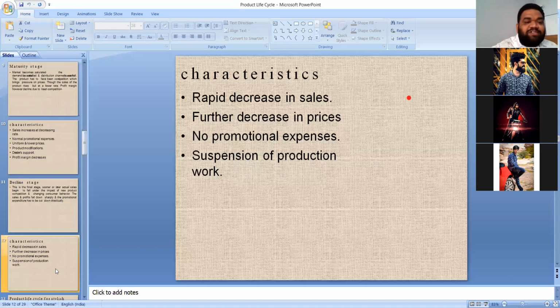If you want to sustain any stage for a longer period, maximum the growth stage and maturity stage, if you want to enjoy more profit and revenue over many years, if you want to sustain in the market, then whatever new products come into the market are not a competitor for us.